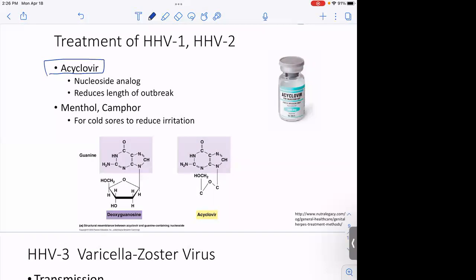Remember what a nucleoside is? It's when you have one of the bases, guanine, cytosine, whatever, along with the sugar deoxyribose. So that's a nucleoside. So if you have a drug that's a nucleoside analog, it's similar in structure to a nucleoside.